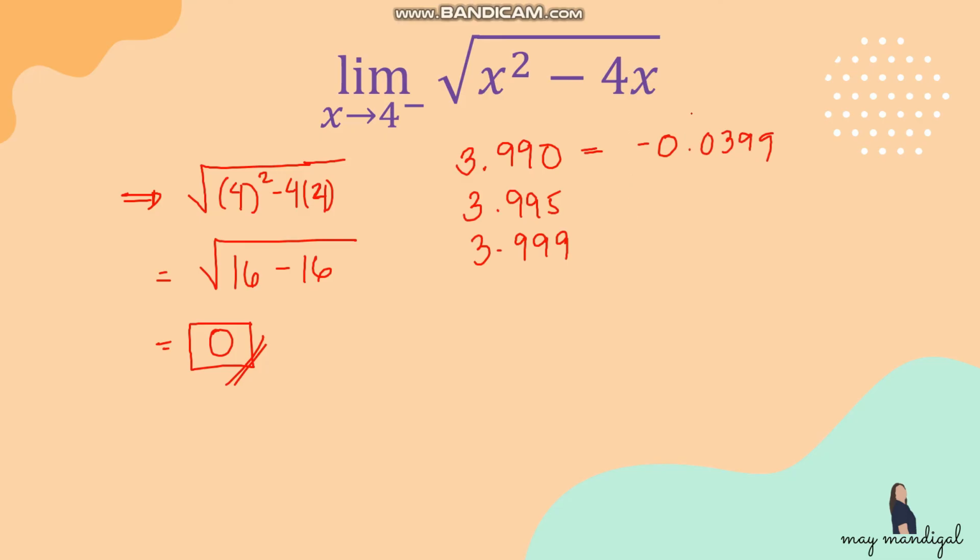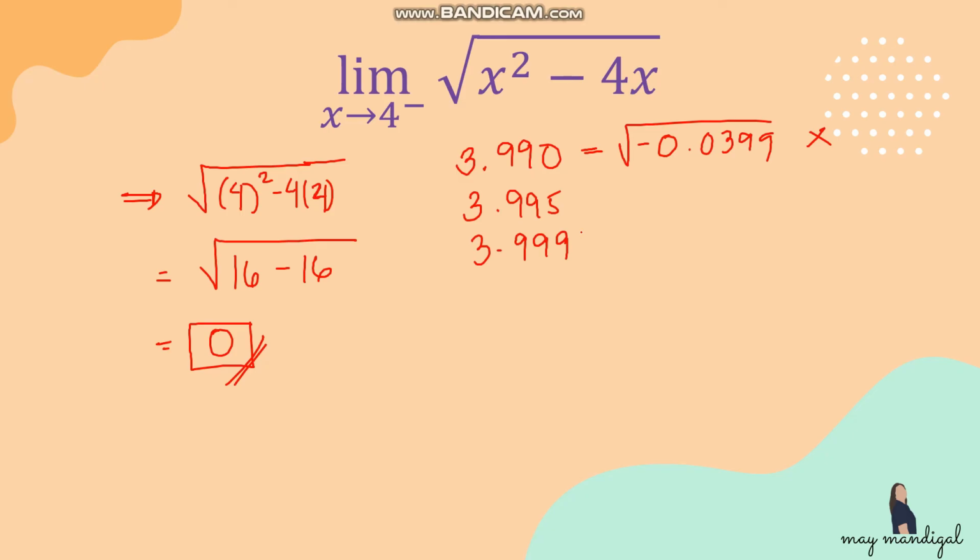And as we know, if the radicand is negative, we cannot get the square root of that. So there is no value for this. If we do it also for the rest of the numbers, it will be the same. We will be getting a negative value for the radicand.